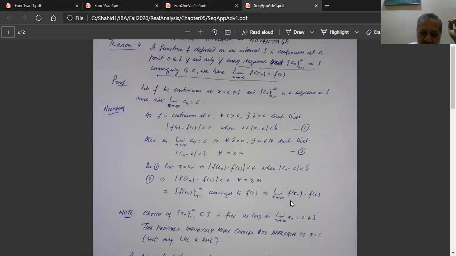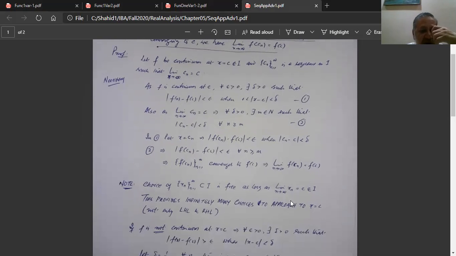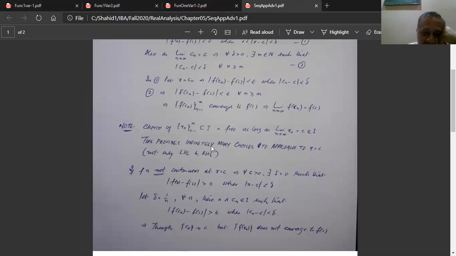So this new dimension that has been introduced today is very important, very interesting. The choice of the sequence should be such that every element of the sequence is in the interval, and that interval contains c. This choice is free.